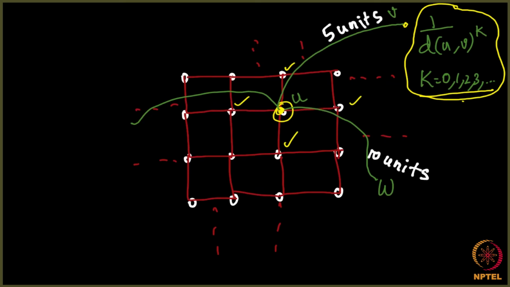Okay, let us not worry much about this fact. Let us only observe the following. All I am saying here is there is a node here, and he is of course friends with a few of his immediate neighbors. All right, very clear till here.